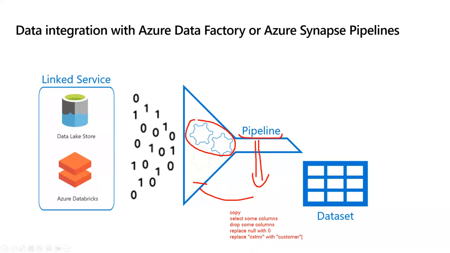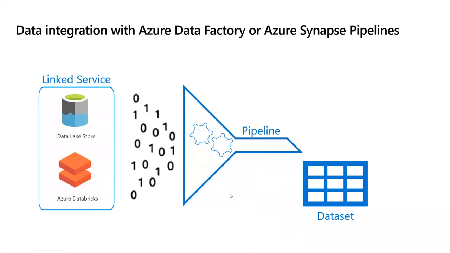Sometimes you have not so friendly column names. So you want something clear, something nice, and then you need to make those cleansing changes. That's what pipelines can do also: copy, select, drop, replace, etc.